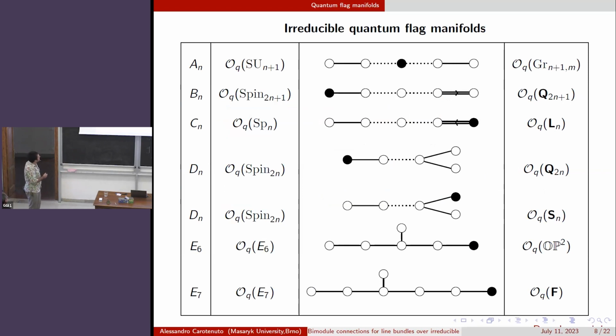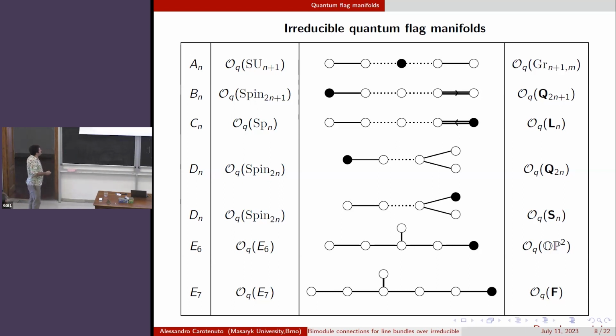In the A_n series Raymond was talking about before, you have a lot of freedom. You can cross one node anywhere, and the corresponding quantum flag manifold that you get is a quantum Grassmannian. And for the other guys, you can only cross certain prescribed extremal nodes on their Dynkin diagrams.